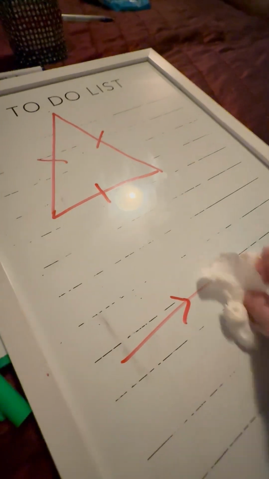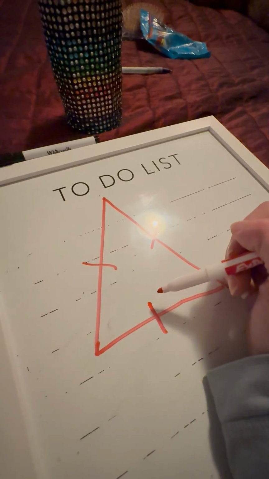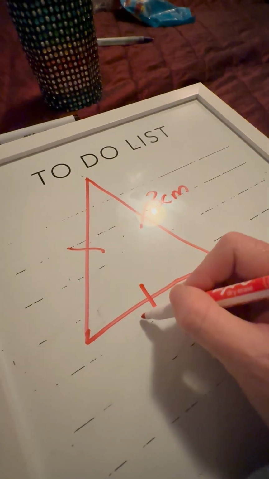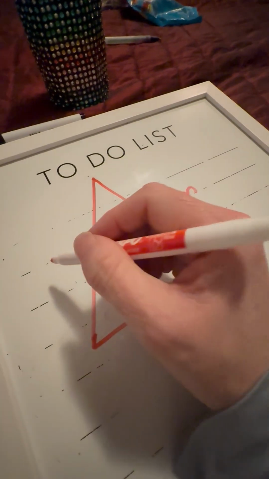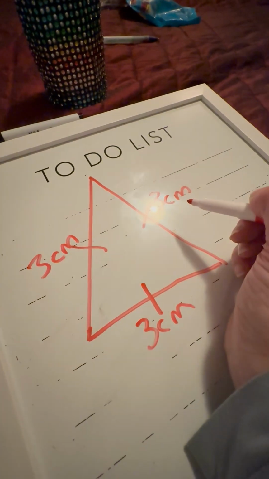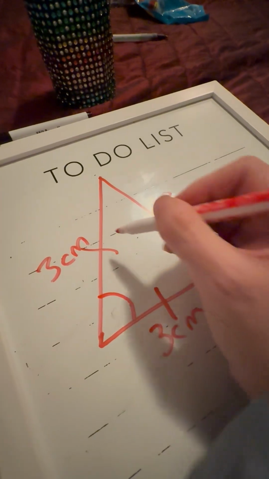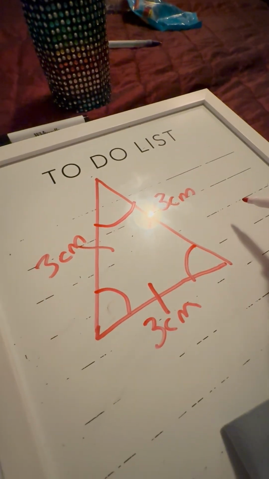Different to that, you see these little marks? It means that they are all the same. So if that side was 3 centimeters, that side is 3 centimeters, that side is 3 centimeters. And because these are all the same, all these angles are the same.